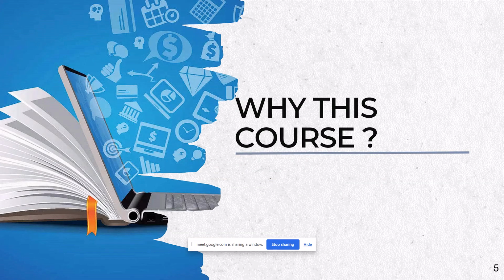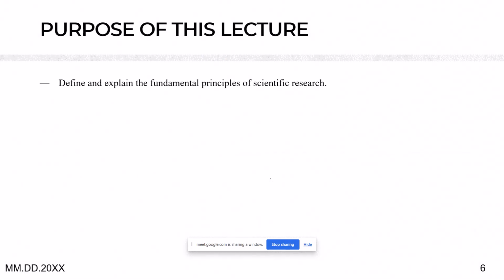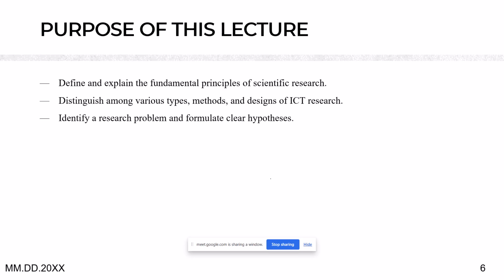Why this course? Now we are looking at the goals and objectives of this course. In this course we will define and explain the fundamental principles of scientific research. We will distinguish among various types, methods, and designs of research in its global form.